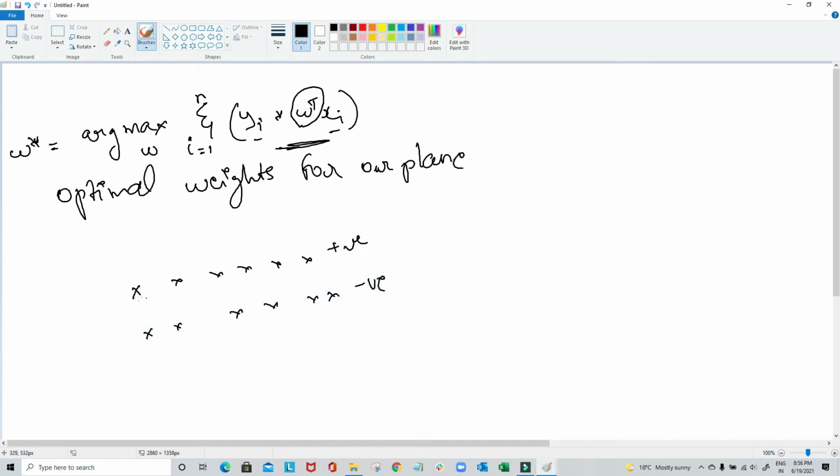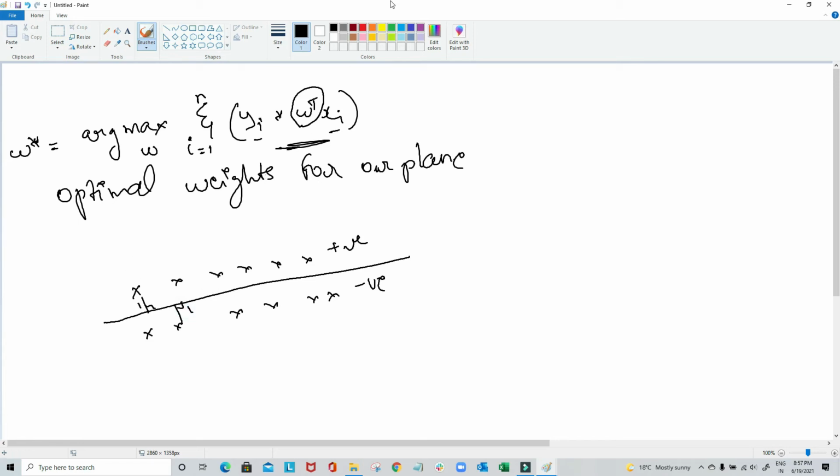Imagine these are negative, and we have a plane which separates them. Let's assume the distance from the plane to these points is 1 unit. Similarly, here the distance is also 1 unit.